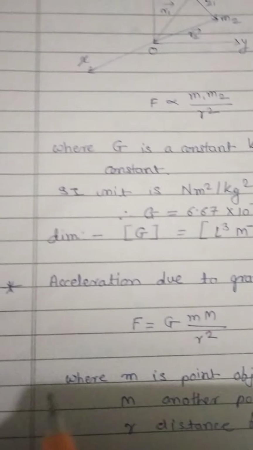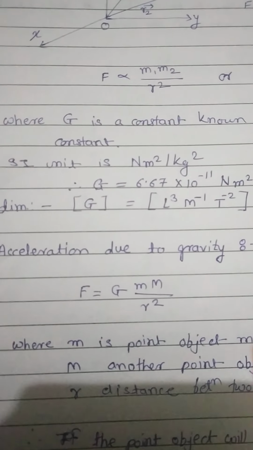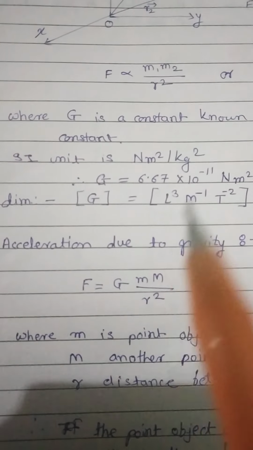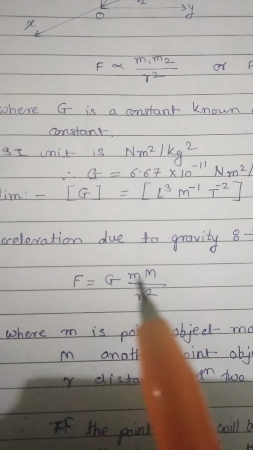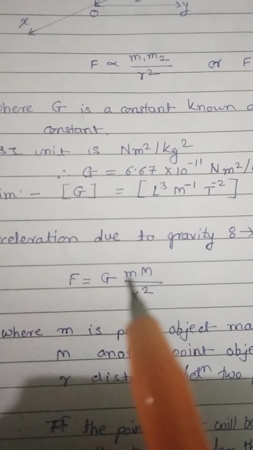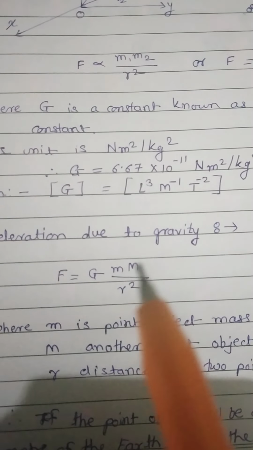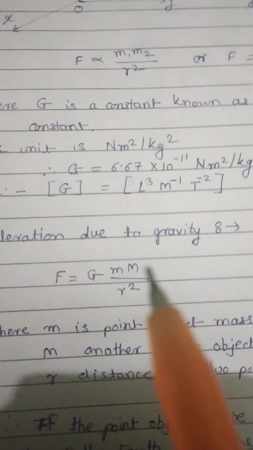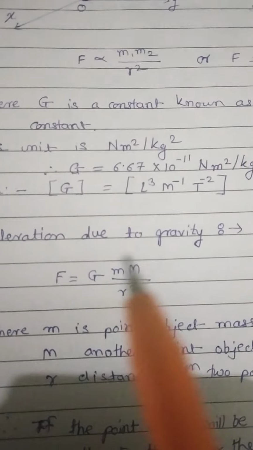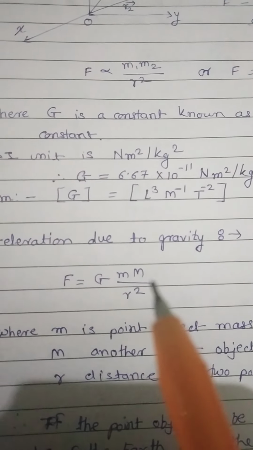Now the next point is acceleration due to gravity. We know that acceleration due to gravity is denoted by small g. Now we also know the above formula, F is equal to G M m upon r square. Here G is the universal constant, m is the mass of the object on the earth, and capital M is the mass of the earth, and r square is the distance between the object and the mass of the earth.